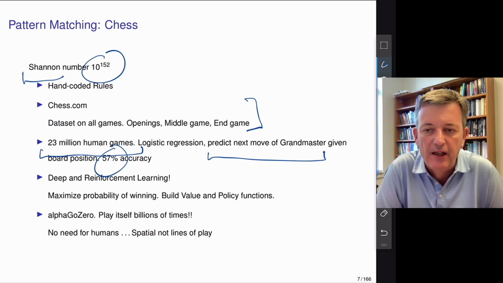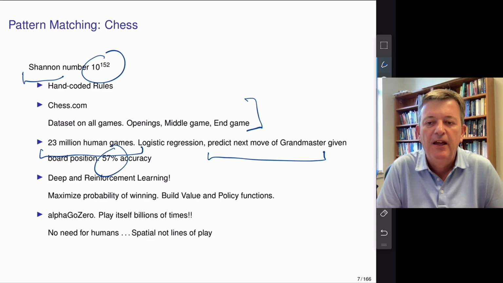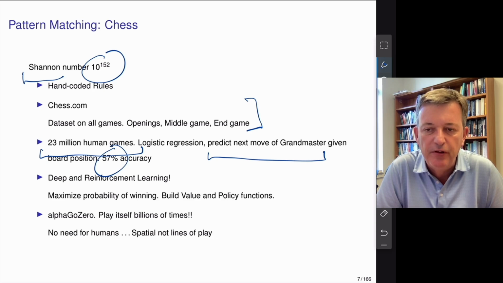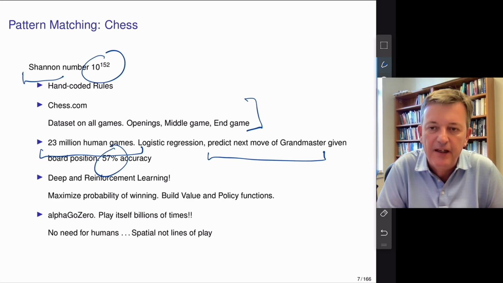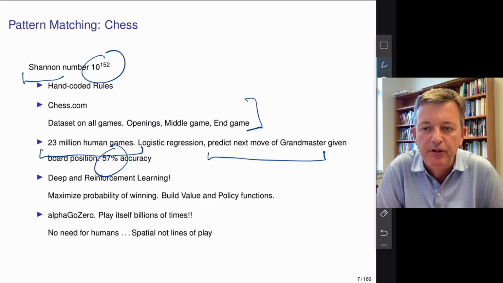It wasn't until Google DeepMind and Demis Hassabis, the person who ran Google DeepMind, who himself was a very good chess player, got David Silver, an English computer scientist with an interest in game theory problems, and a professor at University College London, to code up what's known as reinforcement learning. That's something we'll cover again in the robotics chapter.